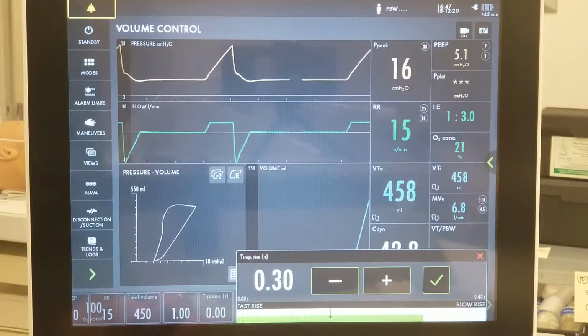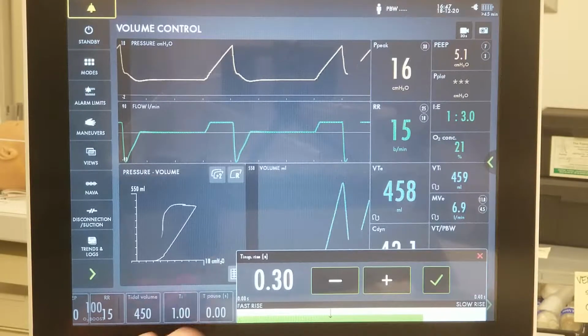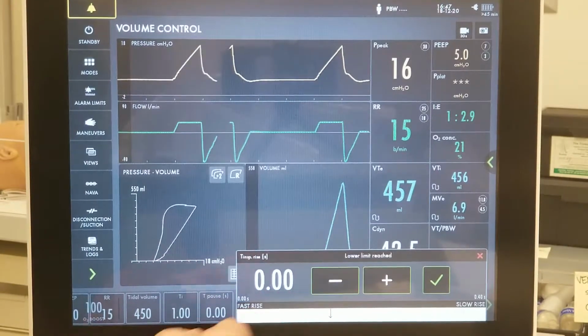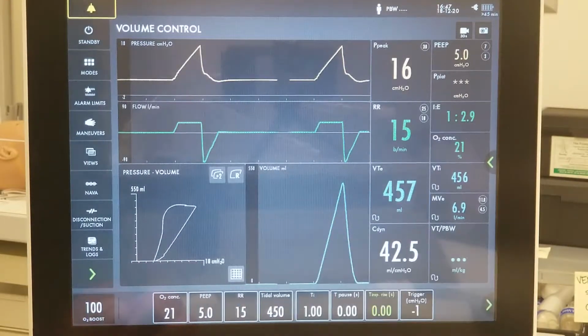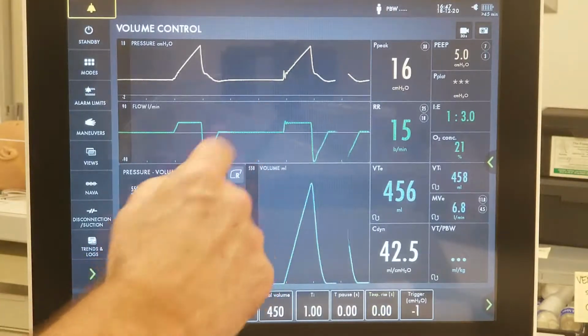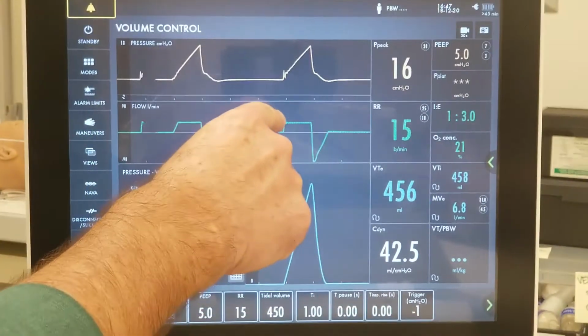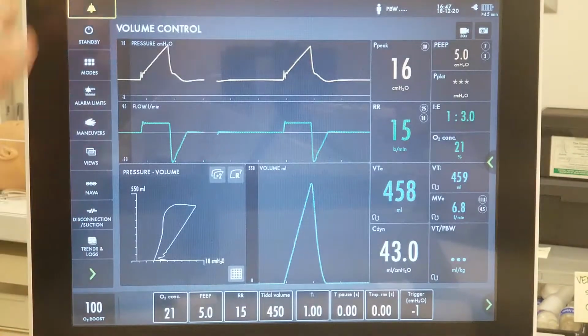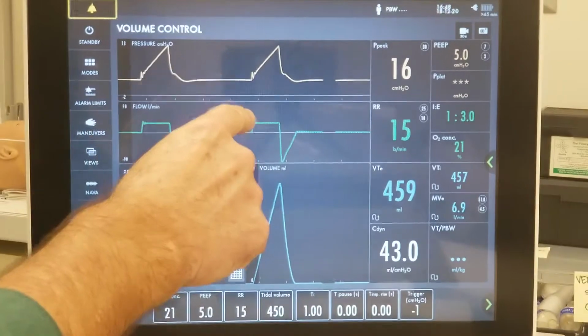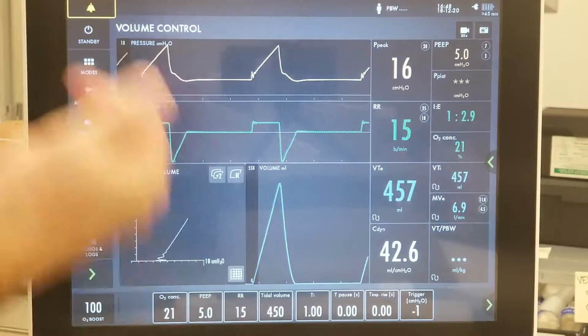Okay, now that might have been hard to see. There's not a big difference there. So let me actually go the other way. So when we get down to 0, see how sharp that incline, we just shoot up. There's actually now a little bit of an overshoot because we actually fly by our peak inspiratory flow just by a little bit. That overshoot is associated with giving that flow so instantly.